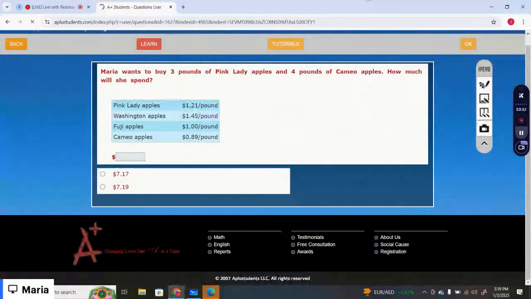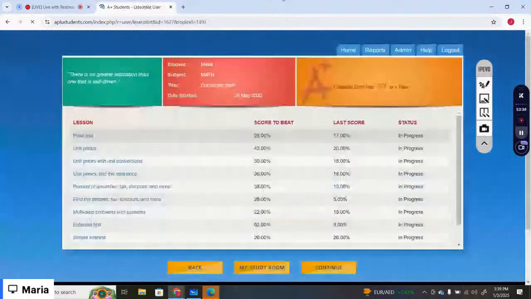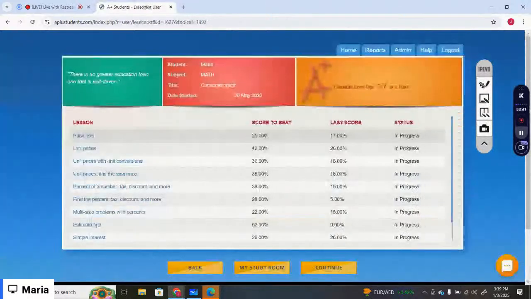Okay, you can complete the lesson by yourself later today. So we were working on grade 8 math. The chapter we were working on is consumer math. The lessons we have covered today are price list, unit prices with conversions, unit prices, find the total price.